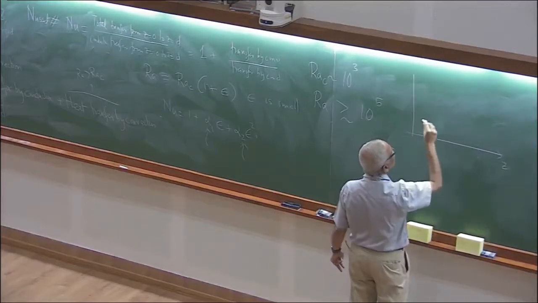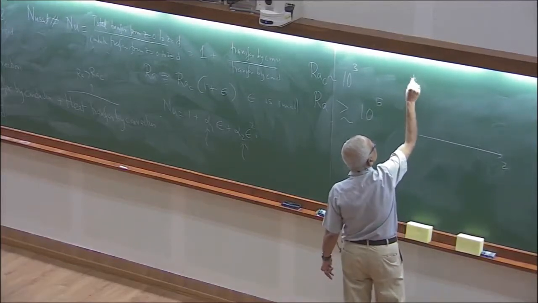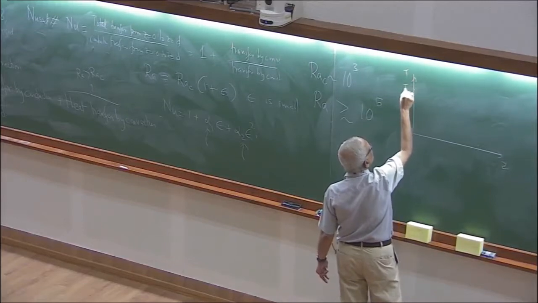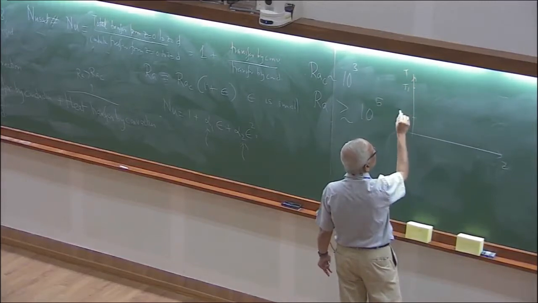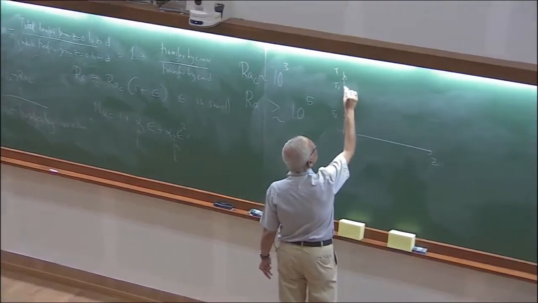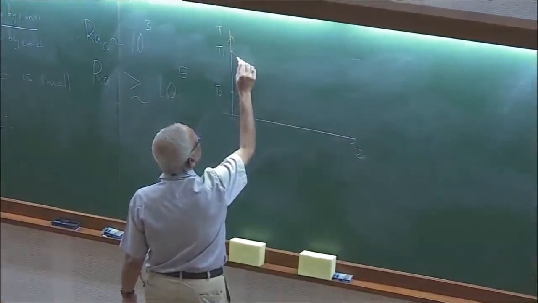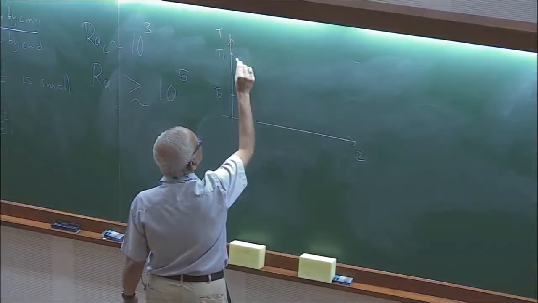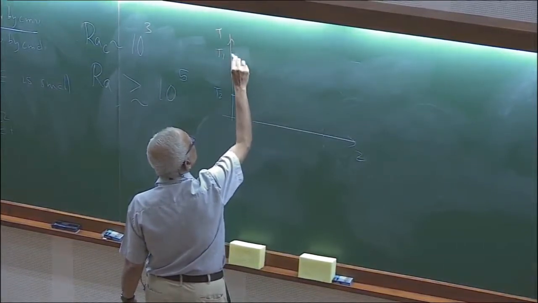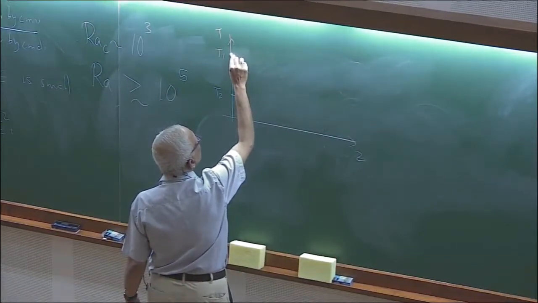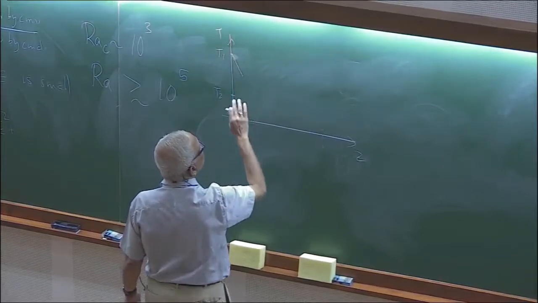So here it is for T over here. So this is your T1, this is your T2, and what it looks like is this, it looks like this.